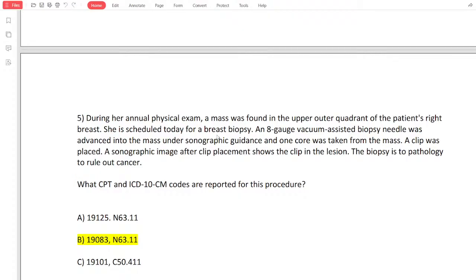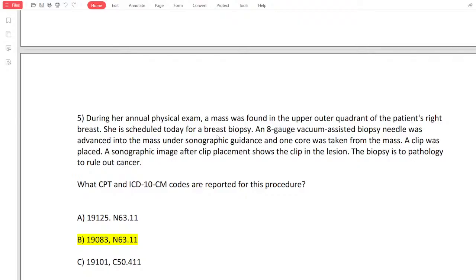This is the question. Here also, CPT codes are there and ICD-10 codes are there. So try to report the correct codes. First of all, you have to report the services. Services means 19083 is the correct answer. What services have they done? The physician did which type of services? Breast biopsy. Clear.